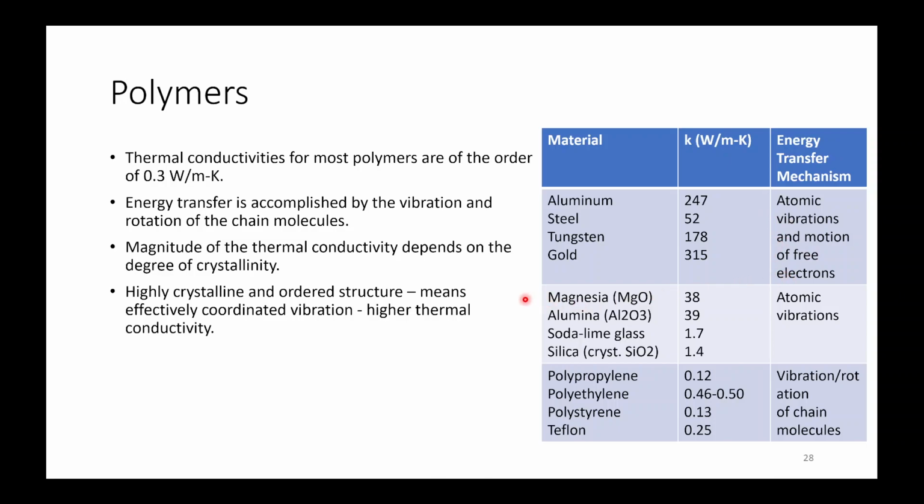In case of ceramics such as magnesia, alumina, soda lime glass, silica, these all have very low thermal conductivity and it occurs due to atomic vibrations. In case of polymers, polypropylene, polyethylene, polystyrene, Teflon, these have the lowest thermal conductivity among these and it occurs due to vibrations and rotation of chain molecules.